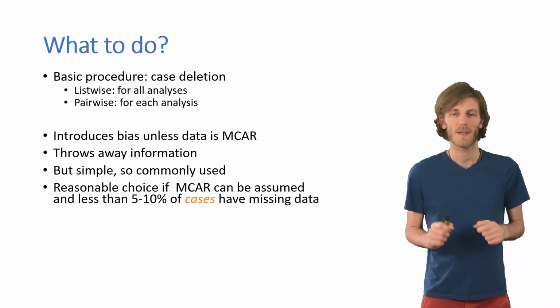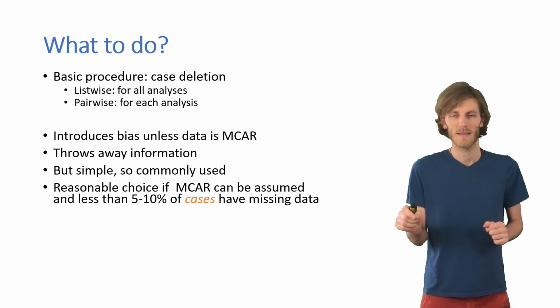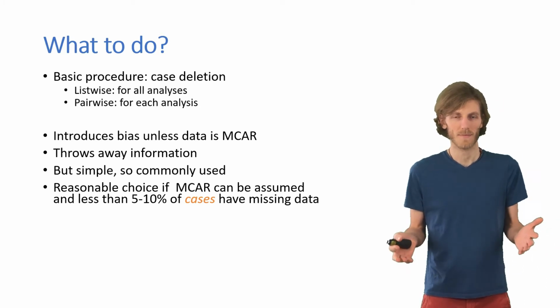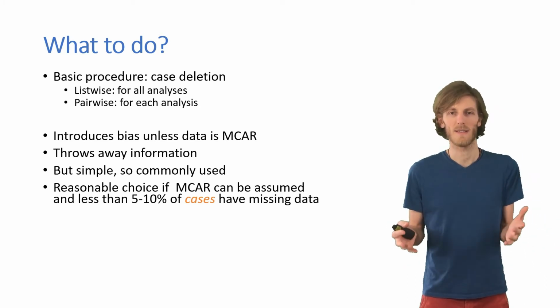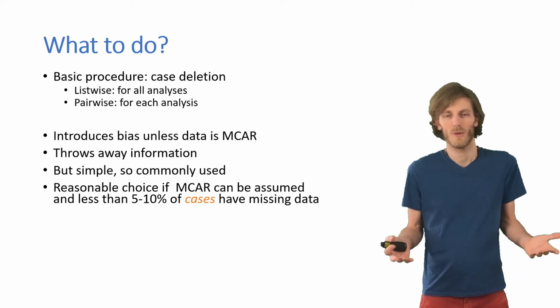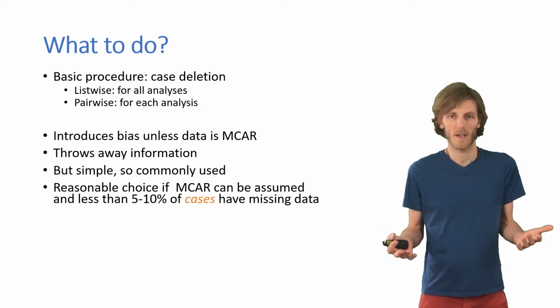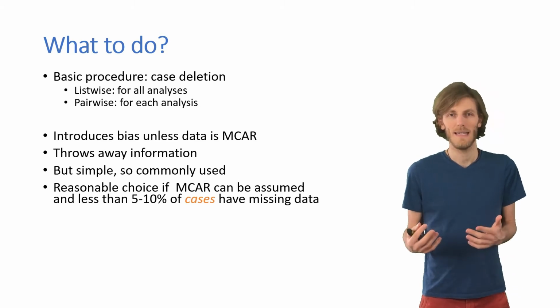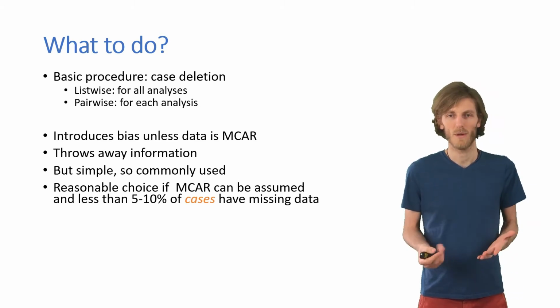It's important to think about cases here because we're deleting participants. So if I have 10 variables in my study and each of those variables just has 2 or 3% of missing cases, that can still add up. That might still lead me to up to 30% of participants having at least one missing value. If I then delete them, my sample becomes very small.